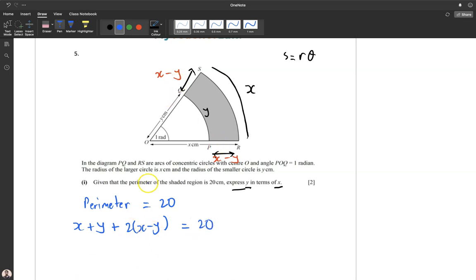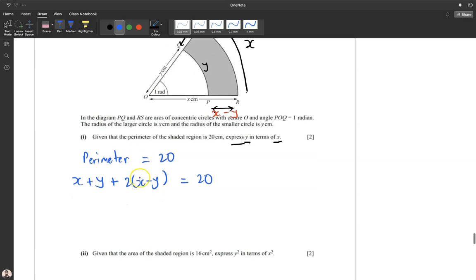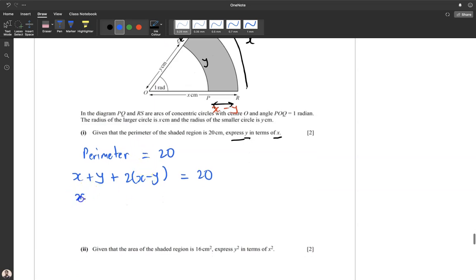Because we have 1, 2. It makes it look a bit cleaner. Expand: 2x minus 2y equals 20. Simplify, I'm going to get 3x minus y equals 20. Rearrange, I should be getting y equals 3x minus 20.